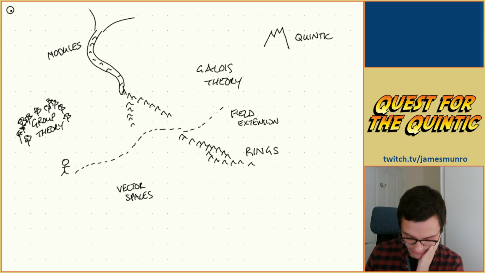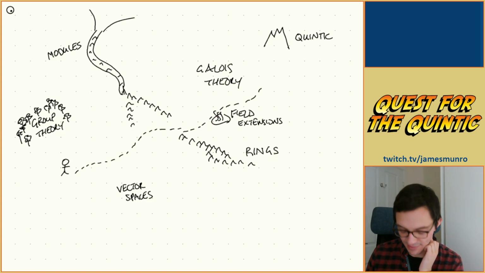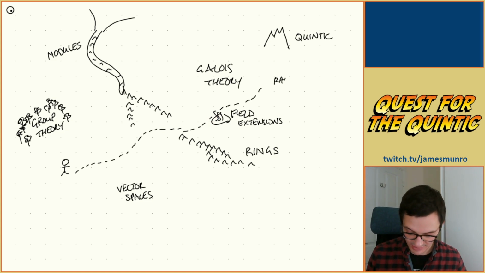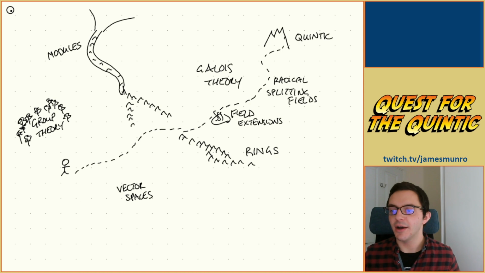So that's like some sort of lake full of lava or something that I've got to go through and around. And then out here there's some special radical extensions and splitting fields, which are just words that I don't understand at all yet. We need to do that so we get to the Quintic over there.